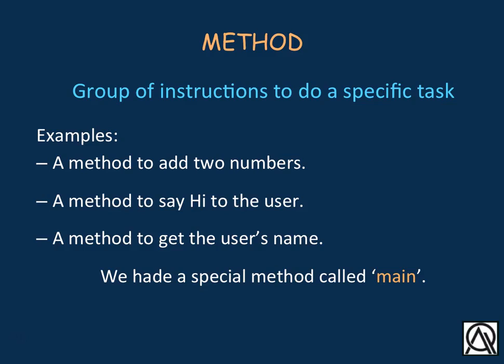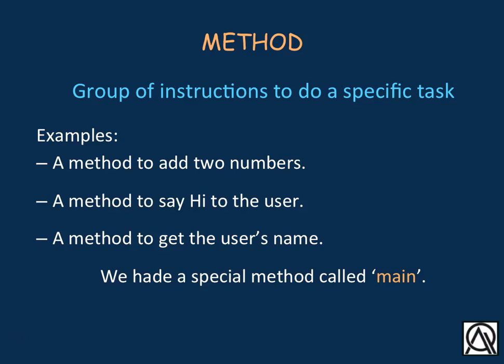So we can ask the user for his or her name and the user will give it to us. And also we will group all the instructions together, which is a method that has a specific task. Everything will be more clear when we do some examples in the future.